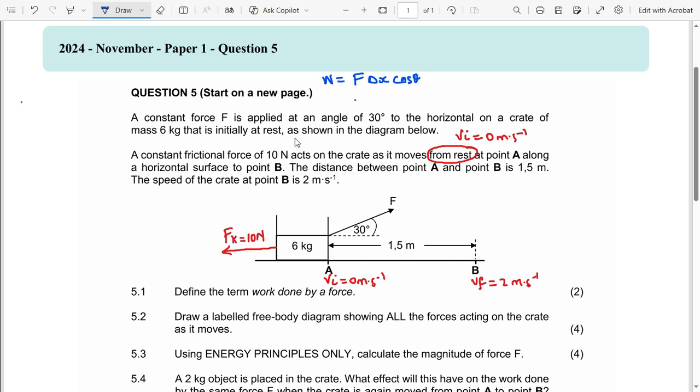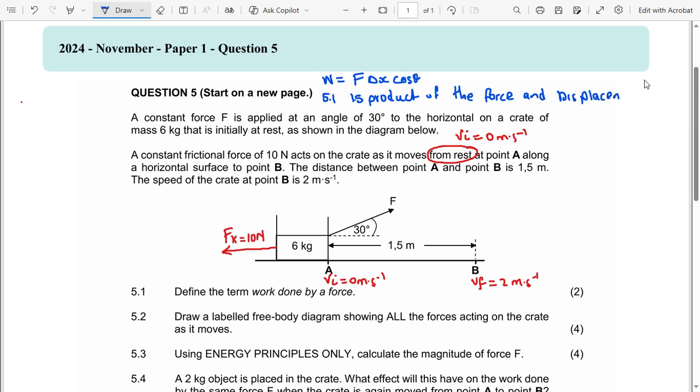So when they say in 5.1 that they want you to define the work done, I'm going to say the work done on an object is the product of the force and displacement.